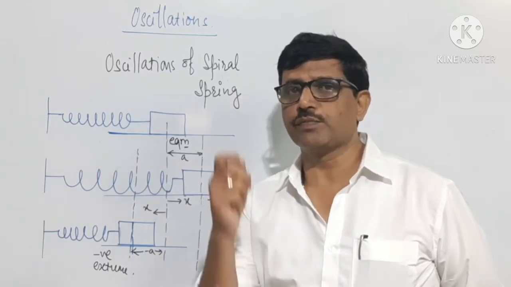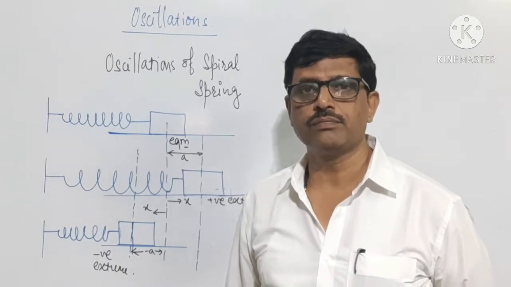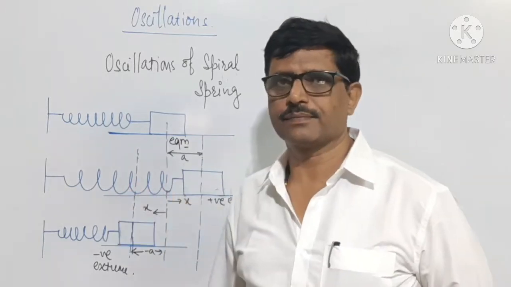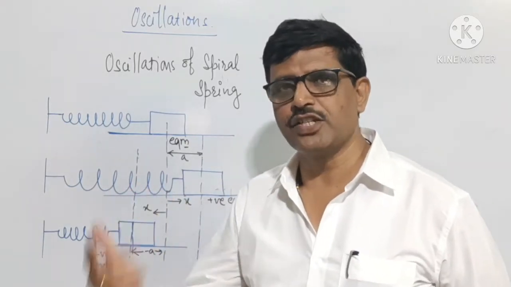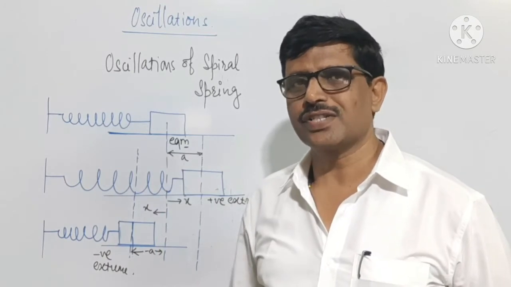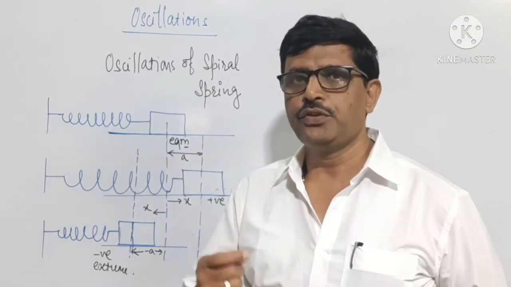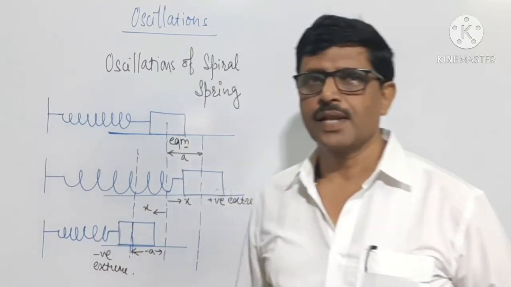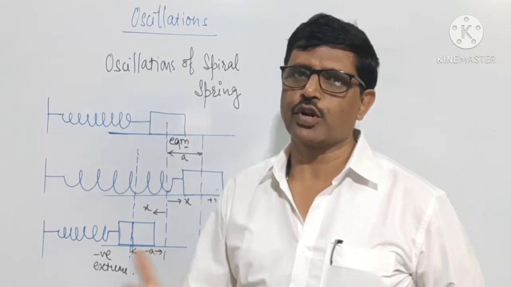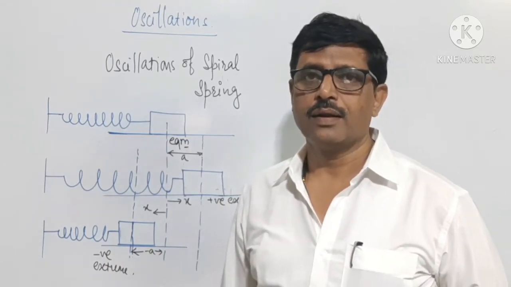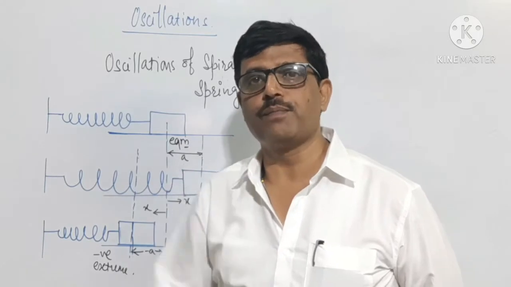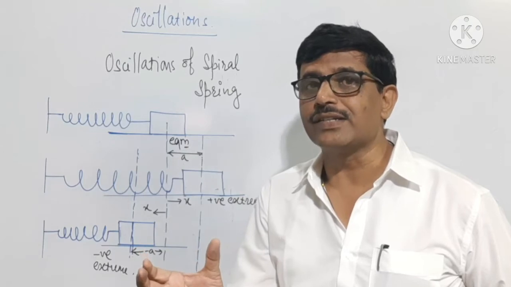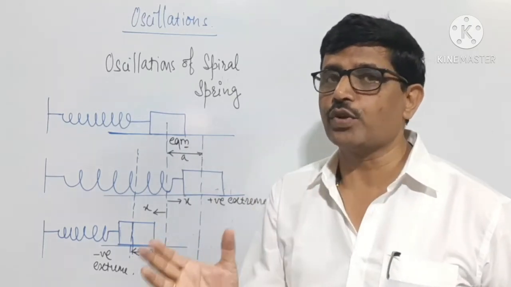Now we will discuss one example of oscillatory motion, that is, oscillations of a spiral spring on the table. Before we start the discussion, you must be aware that a spiral spring is an elastic body. The spiral spring has a very important property that it always tries to maintain its original length or original size.